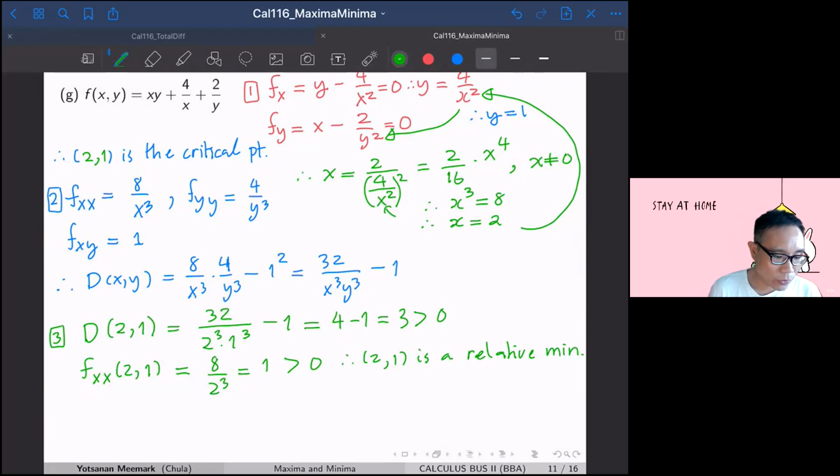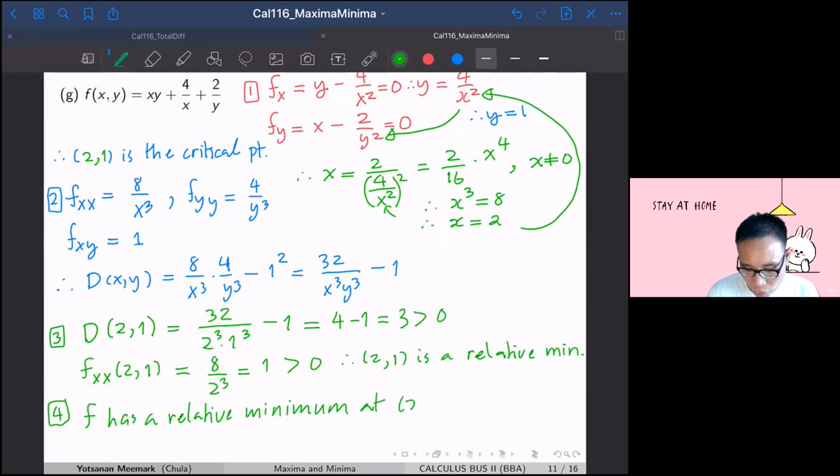And the fourth step will be the conclusion that f has a relative minimum at (2, 1) with the value equal to f(2, 1).